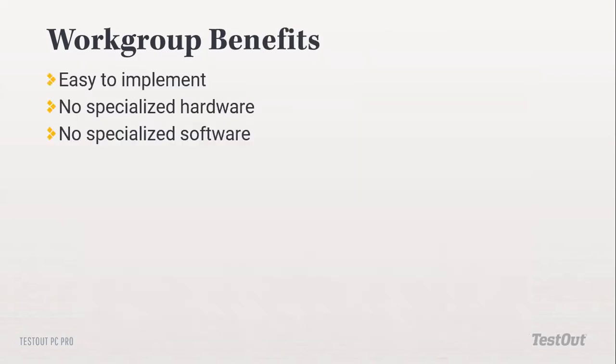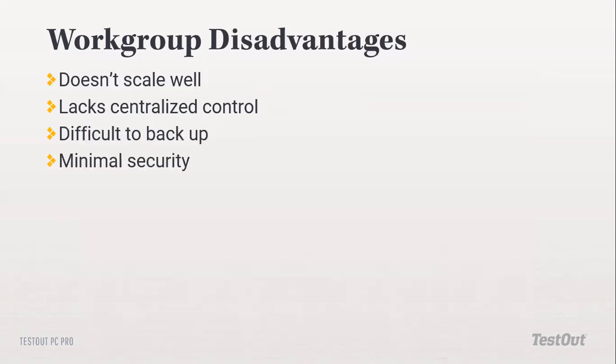Now, what are the advantages of work groups? It is very, very easy to implement. There are no specialized hardware or software required. But whenever we have advantages of something, we also have disadvantages. We recently talked about the fact that work groups don't scale very well.